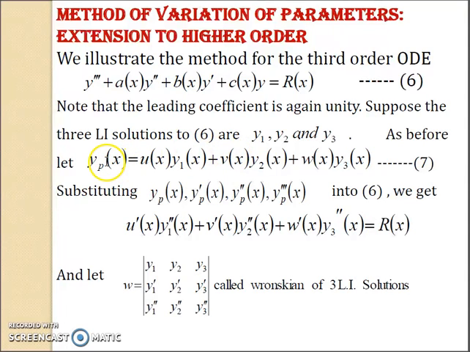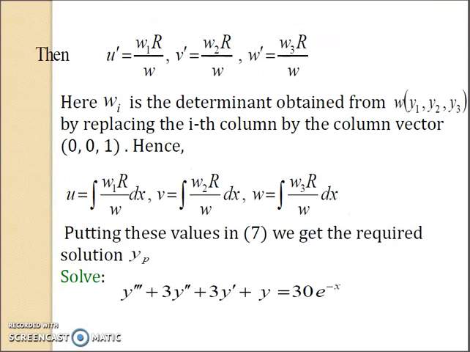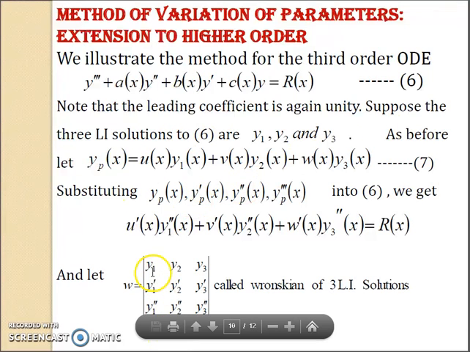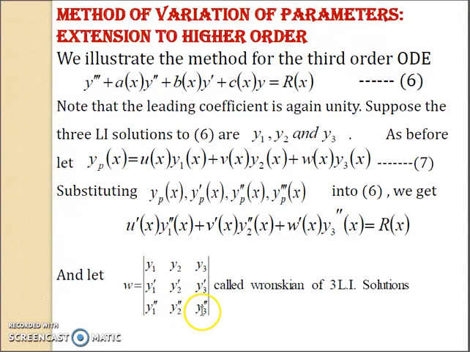That means we have to find yp', yp'', yp''' and substitute all these values in equation number 6, and solving it, we get u' = W1 r upon W, v' = W2 r upon W, and w' = W3 r upon W, where W is the Wronskian, obtained by the determinant of the basis y1, y2, y3 as the first row, y1', y2', y3' as the second row, and y1'', y2'', y3'' as the third row.